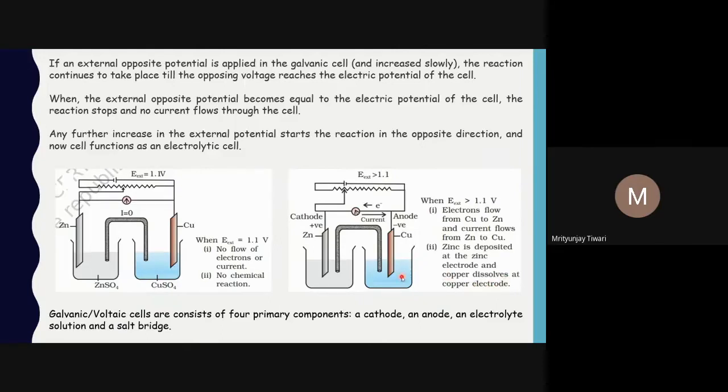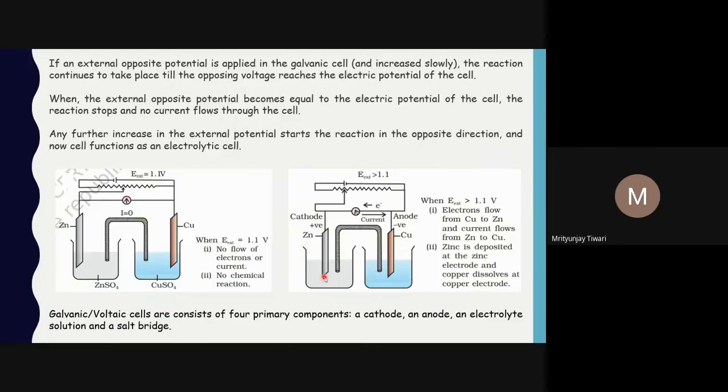So now the copper anode will be oxidizing. Earlier it was the cathode, but now it will become the anode, and oxidation will happen here because it is behaving as the anode. Copper will now dissolve and go into the solution, making cupric ions, and the two electrons produced will go in this direction and reach the zinc electrode.